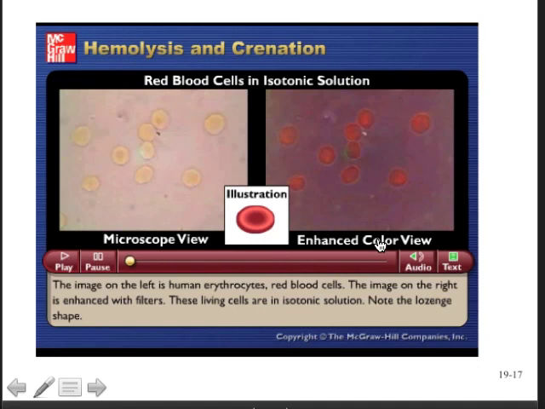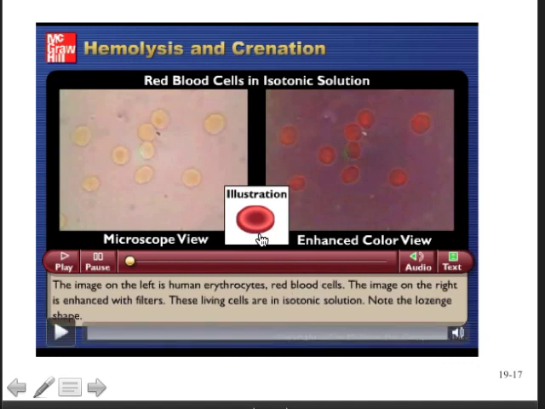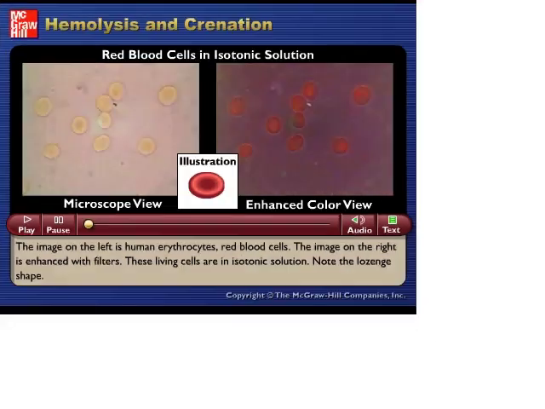Let's take a look at hemolysis and crenation now. The image on the left is human erythrocytes, or red blood cells. The image on the right is enhanced with filters. These living cells are in isotonic solution. Note the lozenge shape.